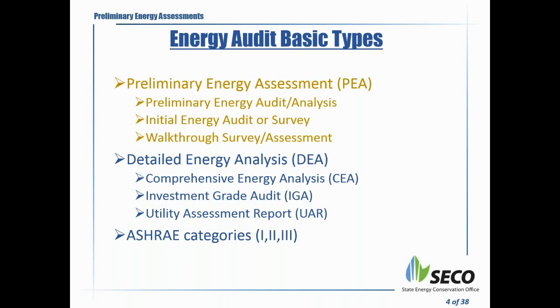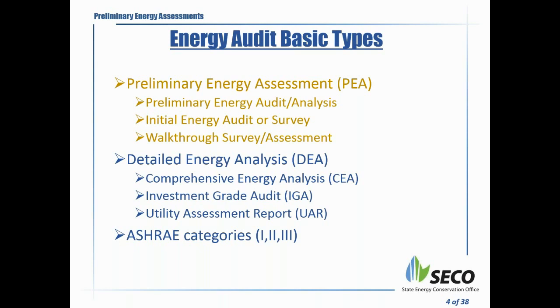The preliminary energy assessment, also known as PEA, is sometimes also called preliminary energy audit, or initial energy audit or survey, or walkthrough survey or assessment. So the preliminary energy assessment has got these different names people have given it. Just keep in mind that there's a slight difference in scope, so it is very important when you're looking into the scope of the audit as to what will exactly be covered and what will be presented.